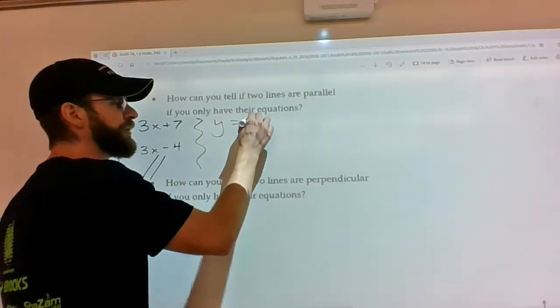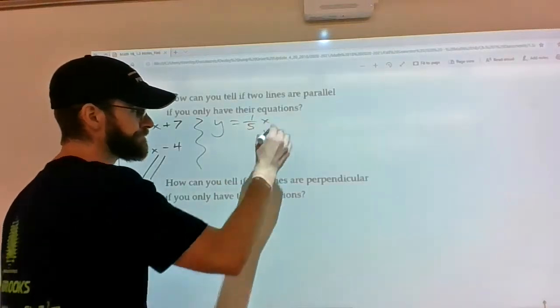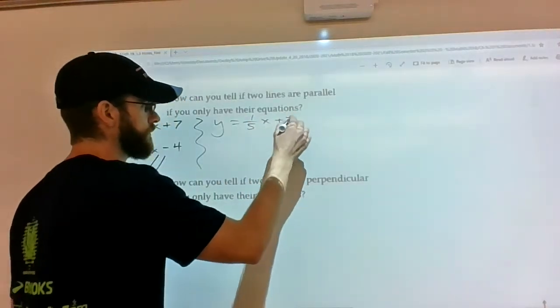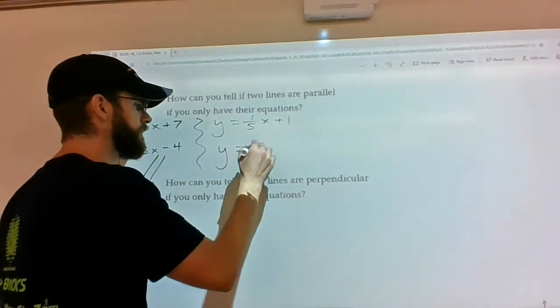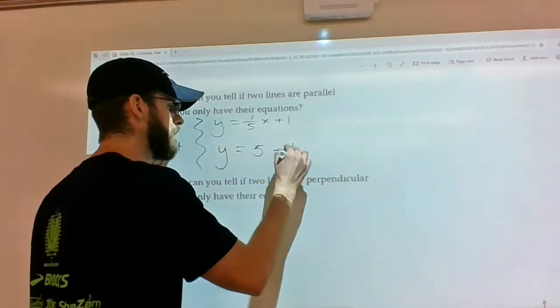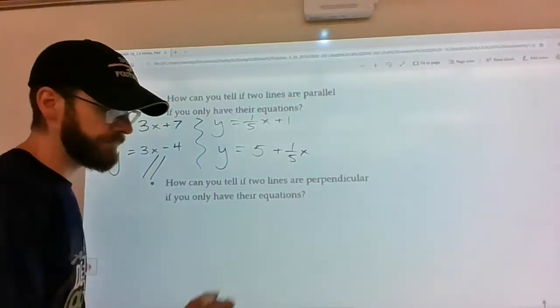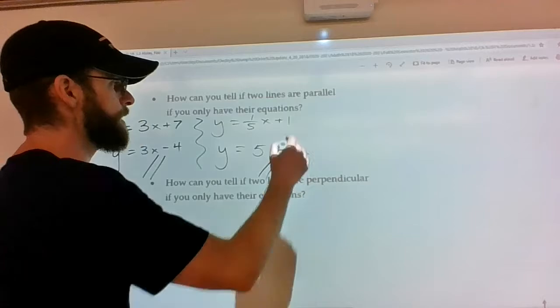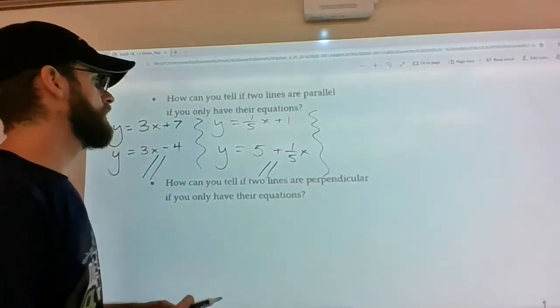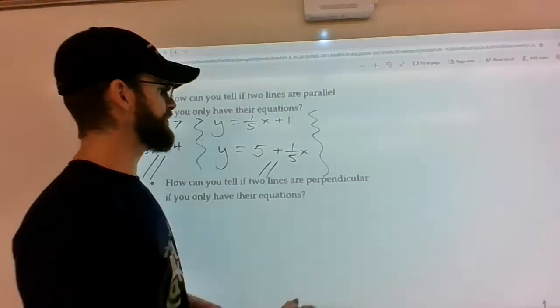These two equations would also be parallel. They represent parallel lines. Ooh, here's one.